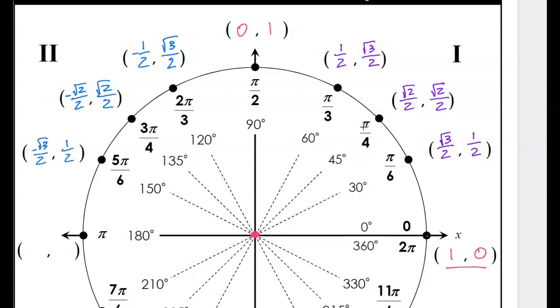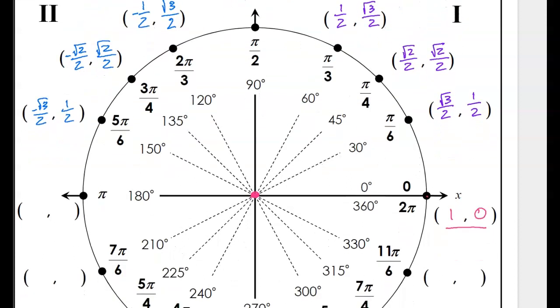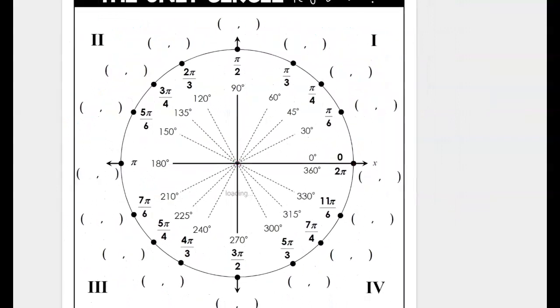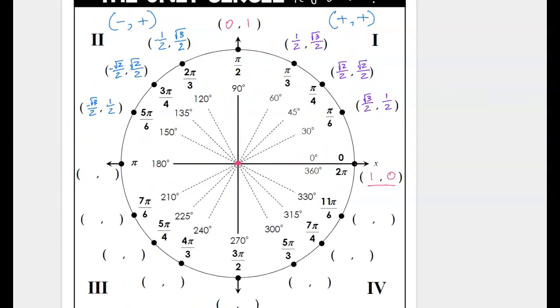Exactly. So if you think of this quadrant 1 as having a positive and a positive value, quadrant 2 is going to have a negative and a positive. What about quadrant 3? What do you think quadrant 3 is going to have? Right, both negatives. Both negatives.